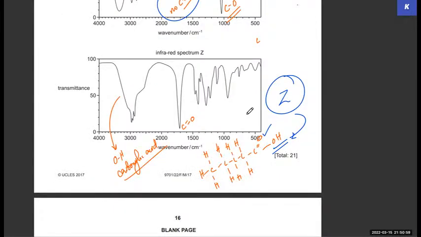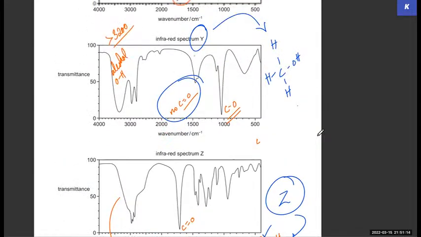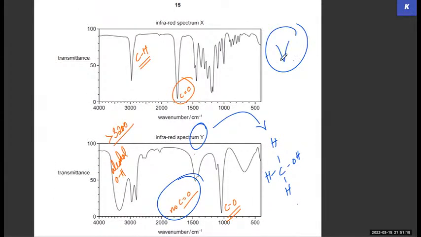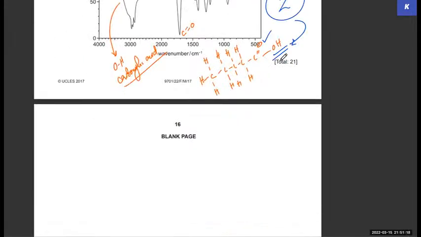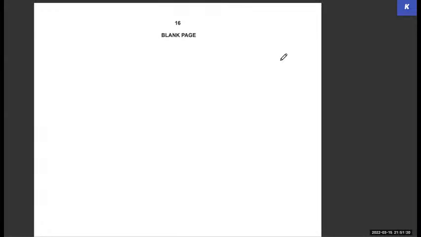So then you're going to say, why is spectrum Z this molecule? Because it's got a C=O. Plus, it's got a broad absorption around the 3000 range. So it's an OH that belongs to carboxylic acid. So this is a carboxylic acid. That's it. और by default जो आखिरी रह गया ना, that's V. Okay, they didn't ask anything about V. Is this clear? You clear? Yes, sir.